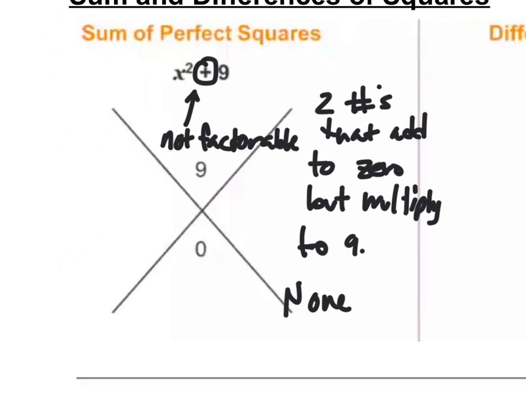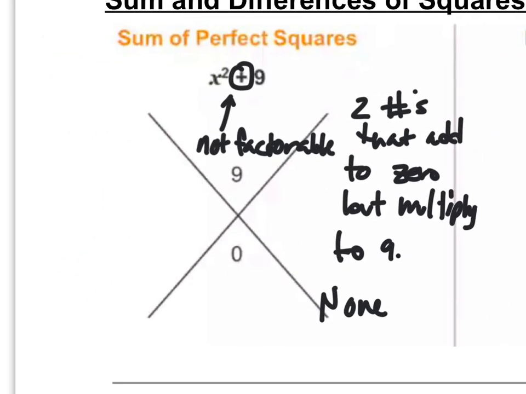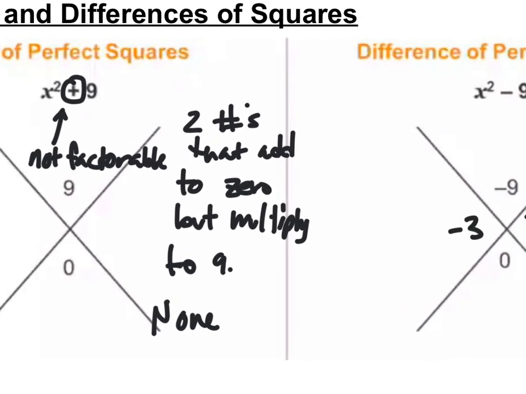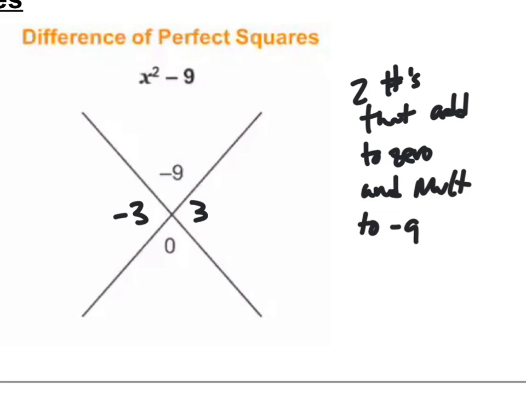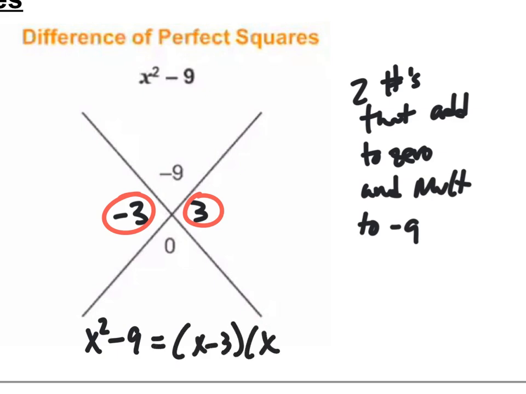Now, the thing about the other one is that in order for two numbers to add to 0, they have to be opposites. But in order for them to multiply to 9, they have to be the same sign, they can't be opposite signs. So we have kind of a conflict of interest. You can't do it, okay? So therefore, for this one, you just get negative 3 and 3. And so x squared minus 9 just becomes x minus 3 times x plus 3, okay? And that's it, all right?